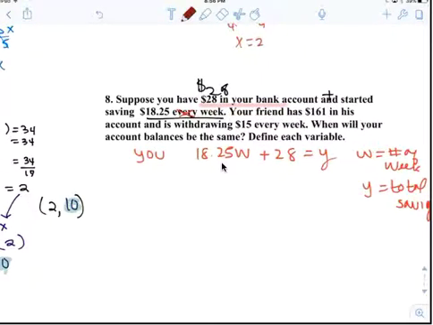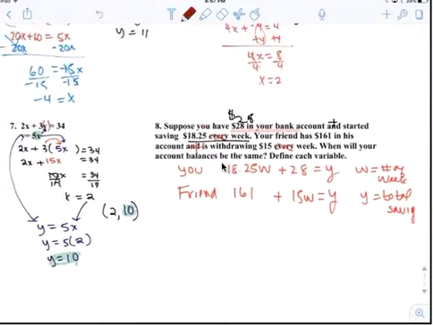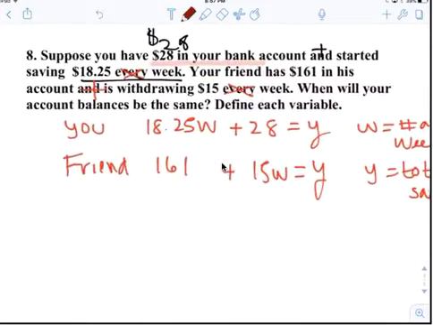Your friend, here's the friend, has $161 in his account, and is plus $15 every week. 15 times W equals Y. Okay.